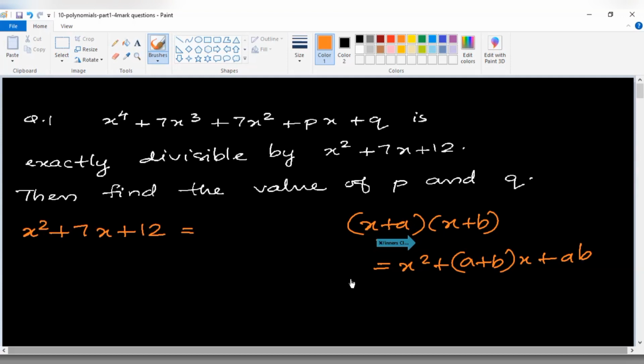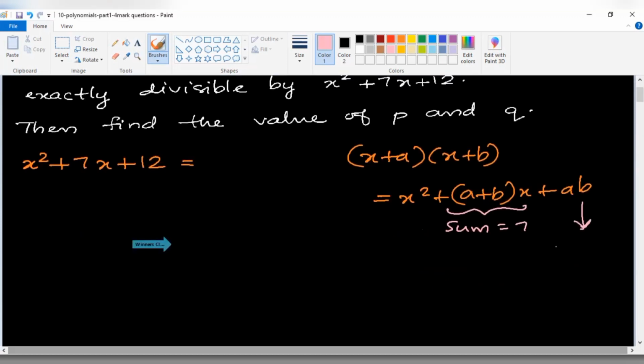Okay, so we will compare these two. See here, in the given polynomial 7 is in the place of a plus b. That is, the sum of two numbers needs to be 7. And the product a into b, in the product place, what do we have here? 12. So the product needs to be 12.